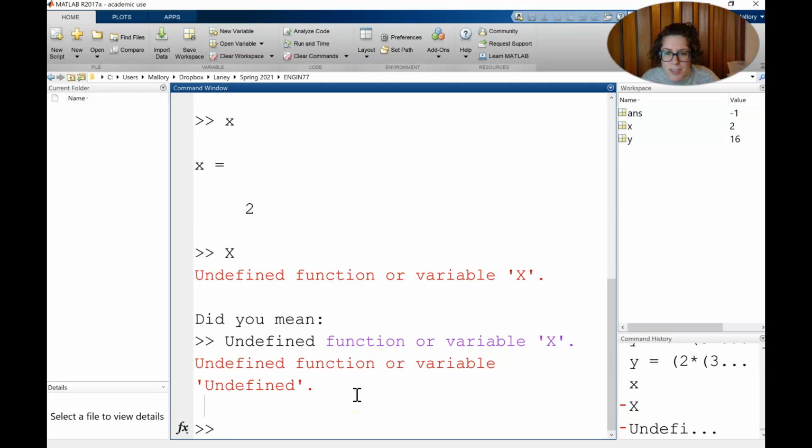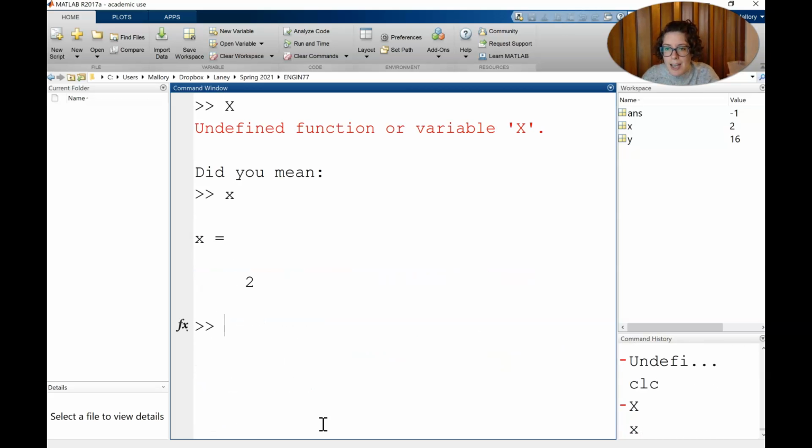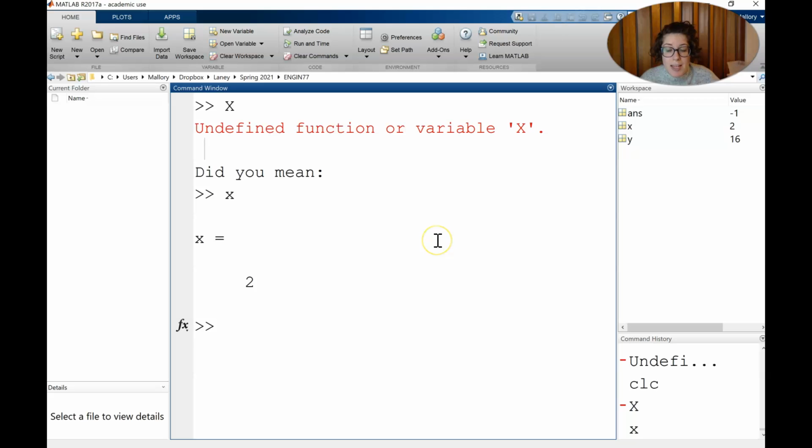Okay, I'm just going to type clc. So we had x. Did you mean x? Yes, I did. So I just press enter there, and I get that x right there. Anytime you end up with red, that is an error that MATLAB is showing you.